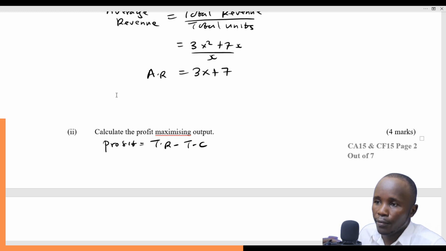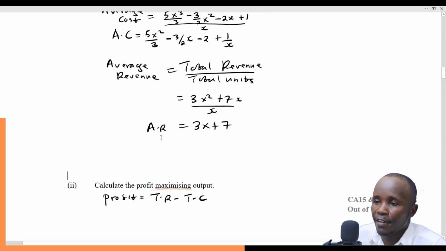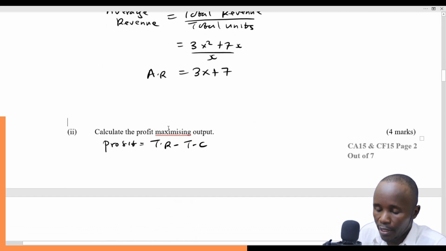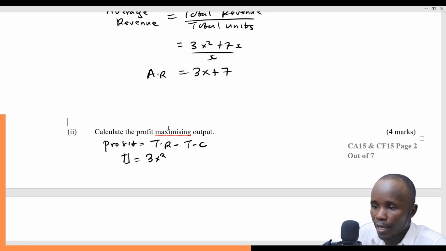Now, we have these functions with us. Profit, pi, is equal to total revenue, which is 3x squared plus 7x, minus the total cost.